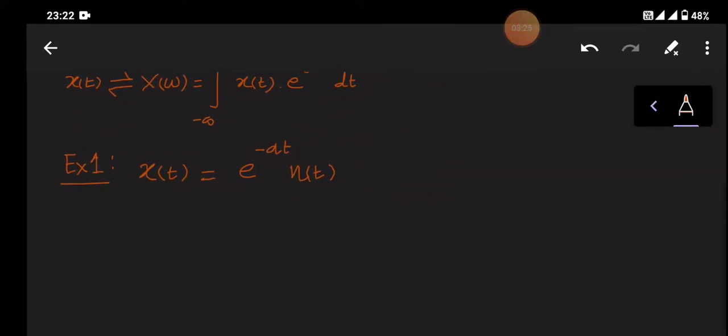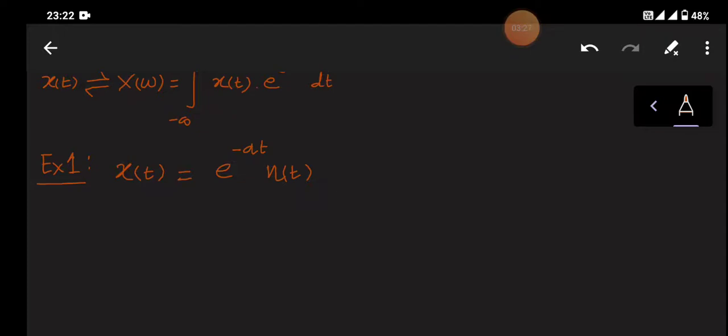As you can see, it is an exponential signal, but as u(t) is multiplied with e to the power minus a t, which is a decreasing exponential signal, the signal starts from 0 to infinity.